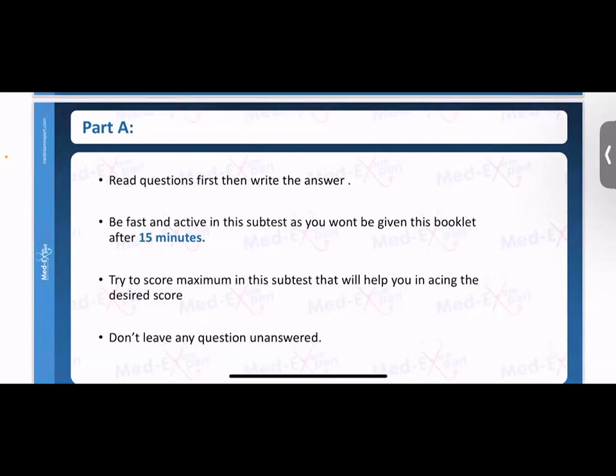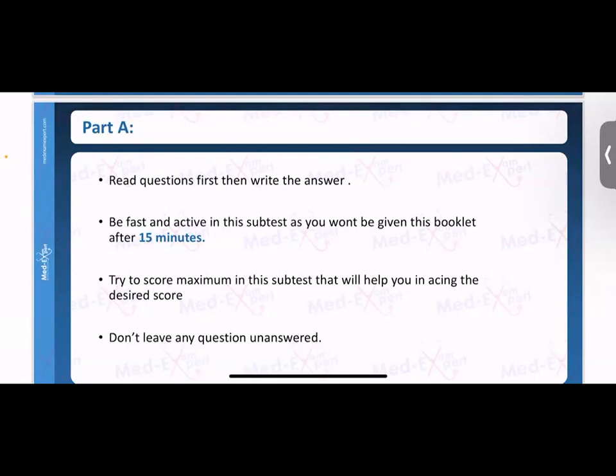In 15 minutes you have to solve the first 20 questions of part A, and after 15 minutes the invigilation team will collect the answer booklet from you, and you won't be given it again. The remaining 45 minutes are for your part B and part C.